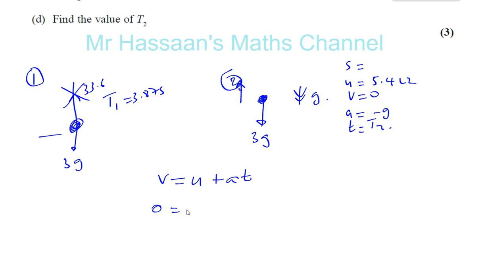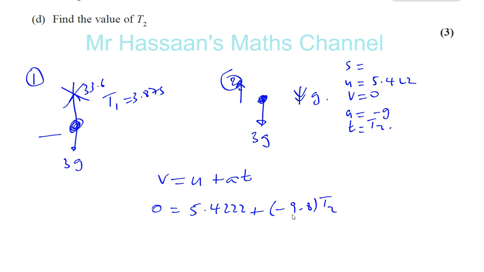It's instantaneous, going up, and it's going to stop before it goes down again. And U is equal to 5.422. That's the U for the second situation, once the string has become loose again, plus A, which is minus 9.8, times T2.